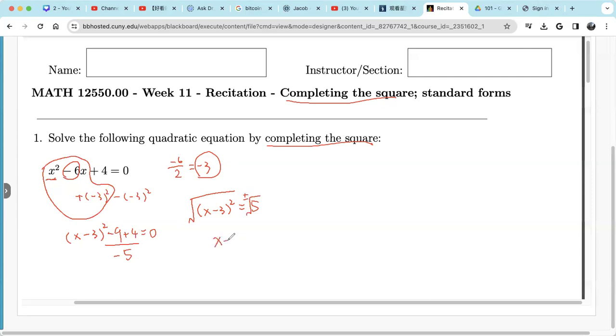The square root and square cancel each other, so we have x minus 3 equals plus minus square root of 5. So we add 3 on both sides, or move -3 to the other side, becoming positive 3. We get 2 solutions for this equation: x equals 3 plus radical 5, and x equals 3 minus radical 5. So 2 solutions for this one.